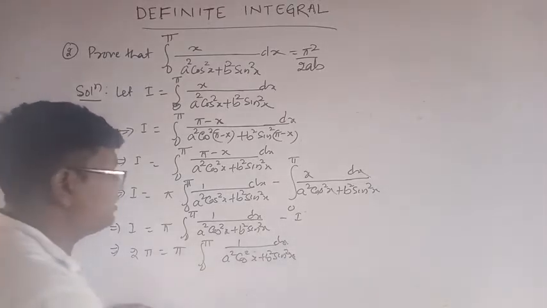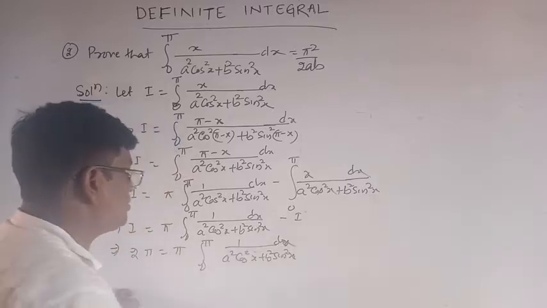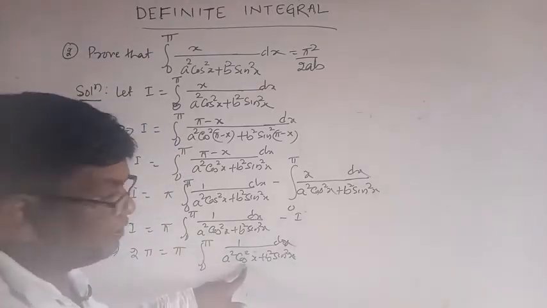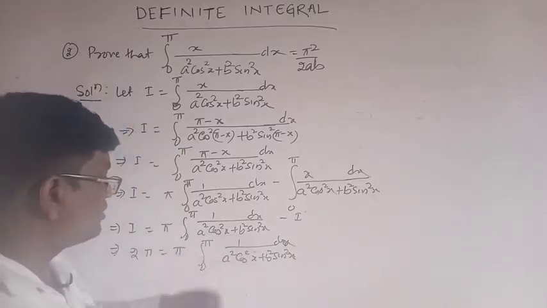So this is property number 7. Here f of x is equal to 1 by (a square cos square x plus b square sin square x).